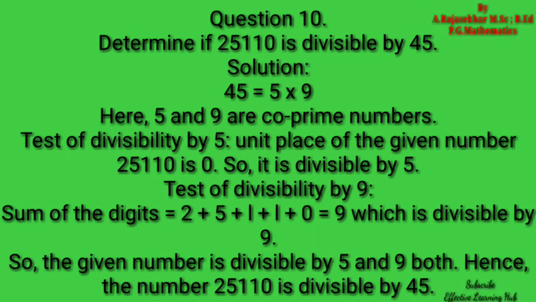Test of divisibility by 9: sum of digits 2 plus 5 plus 1 plus 1 plus 0 equal to 9. It is divisible by 9. So the given number is divisible by 5 and 9 both. Hence the number 25,110 is divisible by 45.